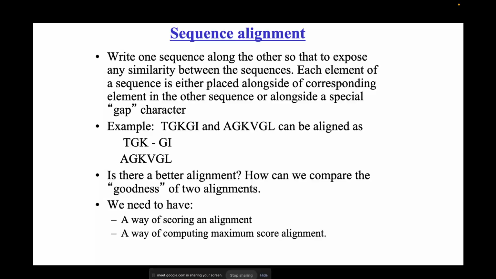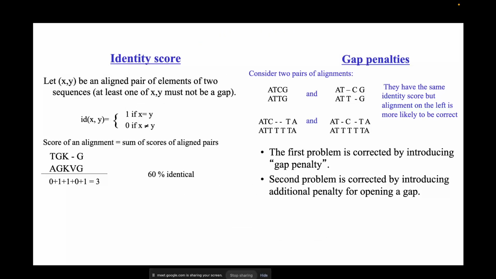If you have, say, 20 alignments, you give scores to all of them and pick the best alignment based on the highest score. That is one way to do it, because without a scoring pattern you cannot differentiate whether one alignment is better than the other. So we have a scoring pattern, and we have a way of computing the maximum score of the alignment as well.